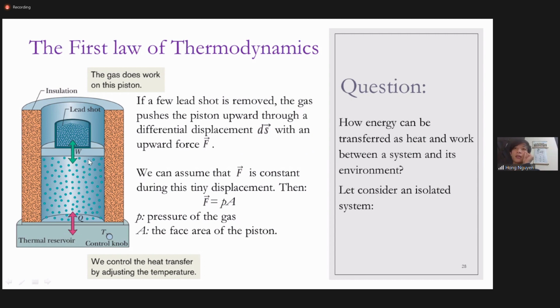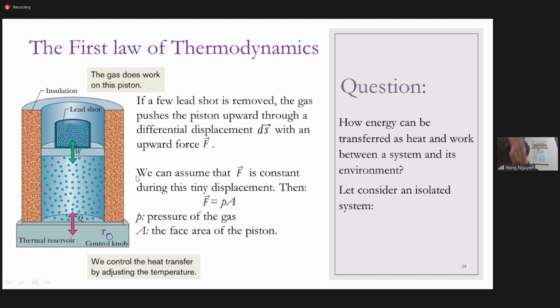Okay, so when we remove some of the electrodes, the gas will push the piston upward through a differential displacement with an upward force. I call it F, okay?